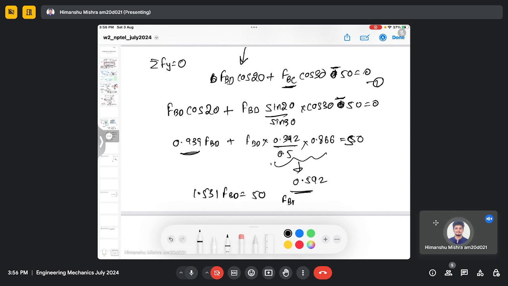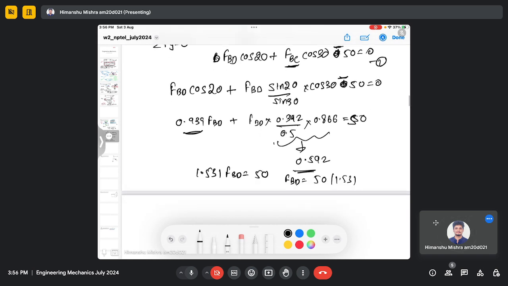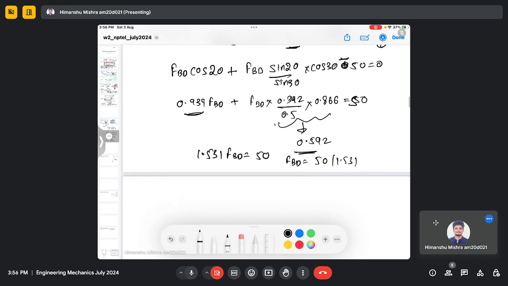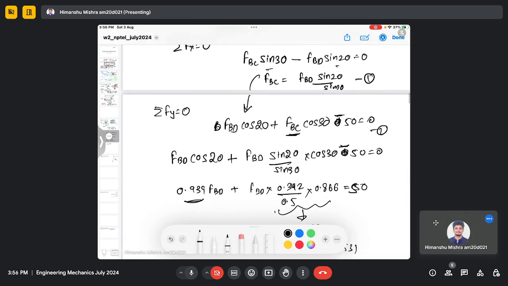So FBD will be 50 divided by 1.531. So my FBD will be 32.65 kilonewton.